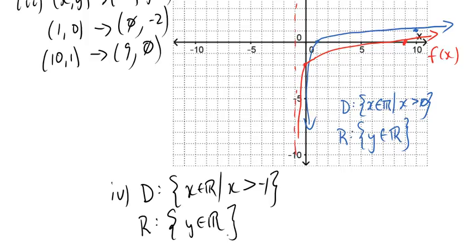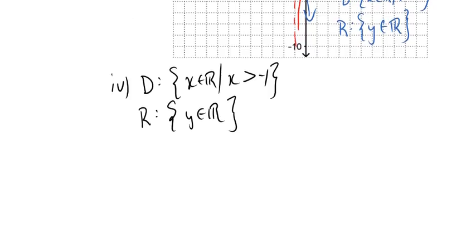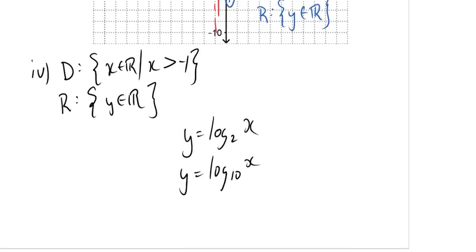Somebody asked in class, what about the 10? So the difference between y equals log base 2 of x, or y equals log base 10 of x, which is the parent function, isn't that like a transformation? And the answer to that is not exactly. So this is y equals 2 to the x and y equals 10 to the x.